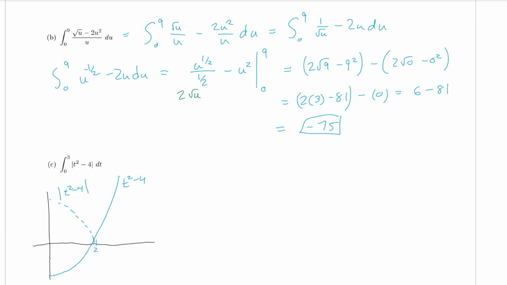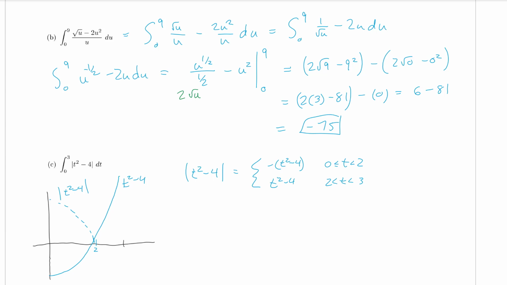So I'm actually going to need to use a piecewise function. So this is negative t squared minus 4 from 0 to 2, and it is t squared minus 4 from 2 to 3.